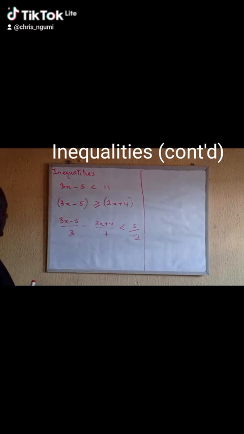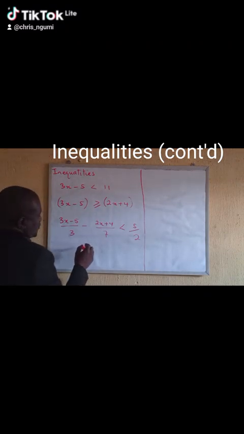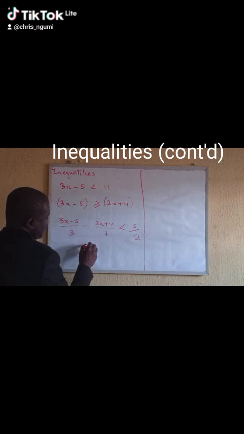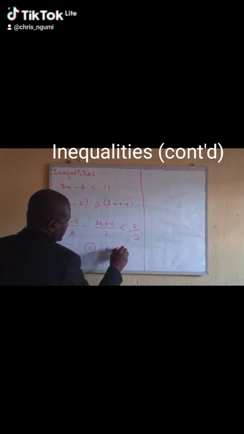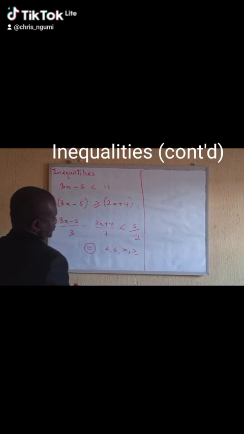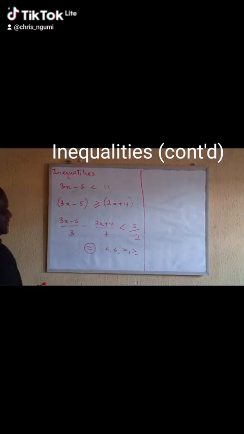So these three forms are similar to that of an equation. Now let's look at the parts that constitute the inequality. In equations we have equals to that serves as the boundary, but in inequalities you have less than or equal to, greater than or equal to that serves as the boundary.